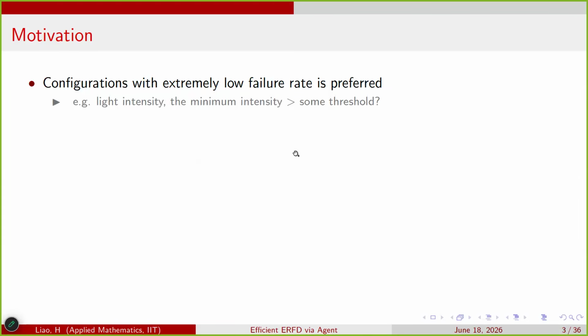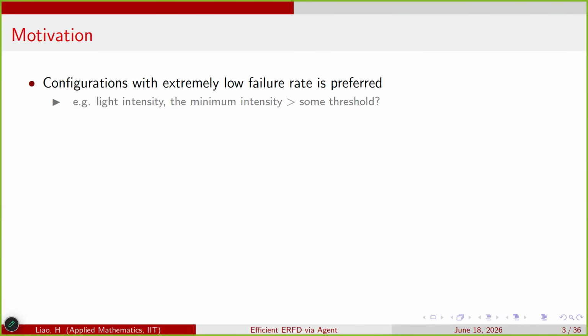And so the motivation, in summary, is that we are going to consider configurations with extremely low failure rate, which means if we want the phone to be more, let's say, energy efficient, we have some metric to evaluate the efficiency of the phone.